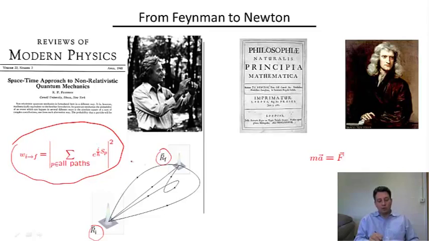And each of these amplitudes is written as the exponential of the imaginary constant i times the classical action divided by the Planck constant. Surprisingly, what we're going to see is that the familiar equation of motion of classical physics, Newton's second law, appears as a result of taking the classical limit in this expression.